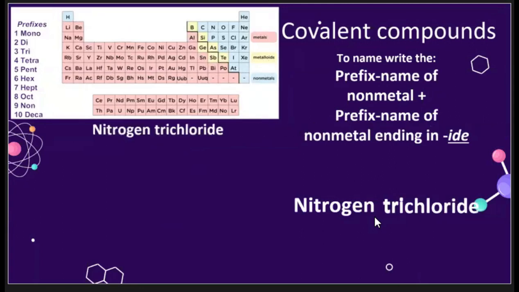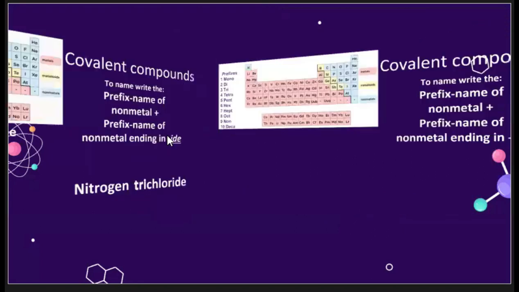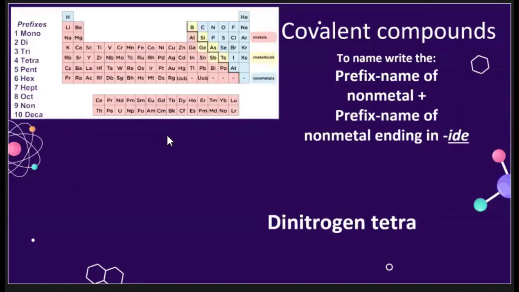To write the chemical formula of nitrogen trichloride, write the element symbols. N for nitrogen, Cl for chlorine. Now, we have tri here that indicates that we have 3 chlorines. So we have NCl3.